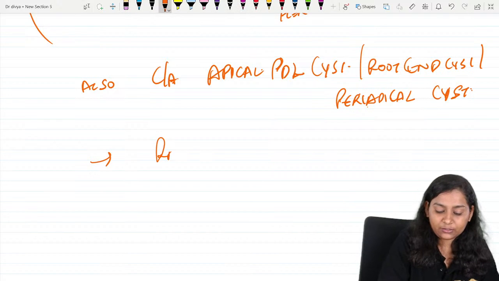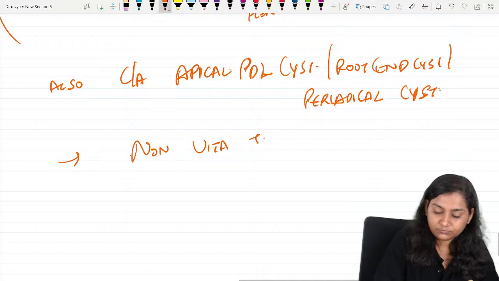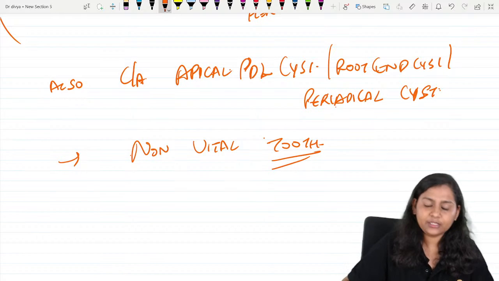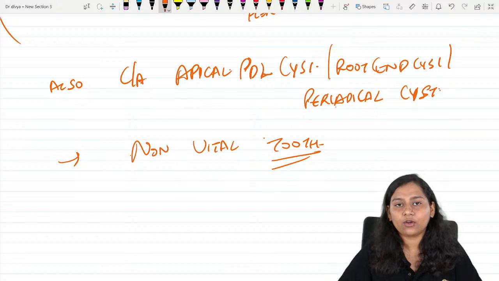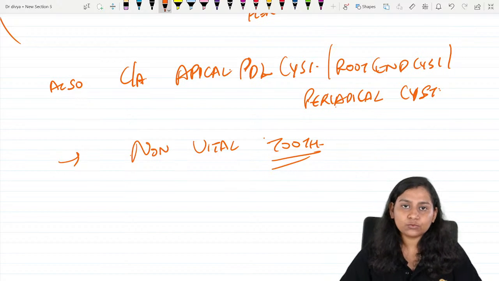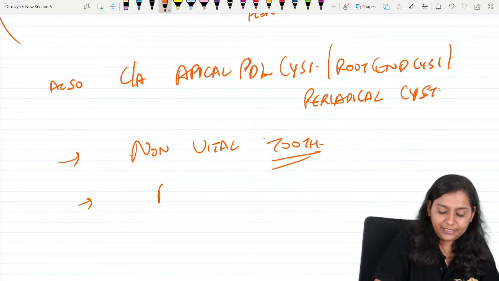Now this radicular cyst, it is always associated with non-vital tooth. Remember, radicular cyst, it is always associated with non-vital tooth. Inflammation occurs as a result of caries, dental decay, or because of some trauma, leading to the non-vitality of the tooth. Now patient will be asymptomatic.